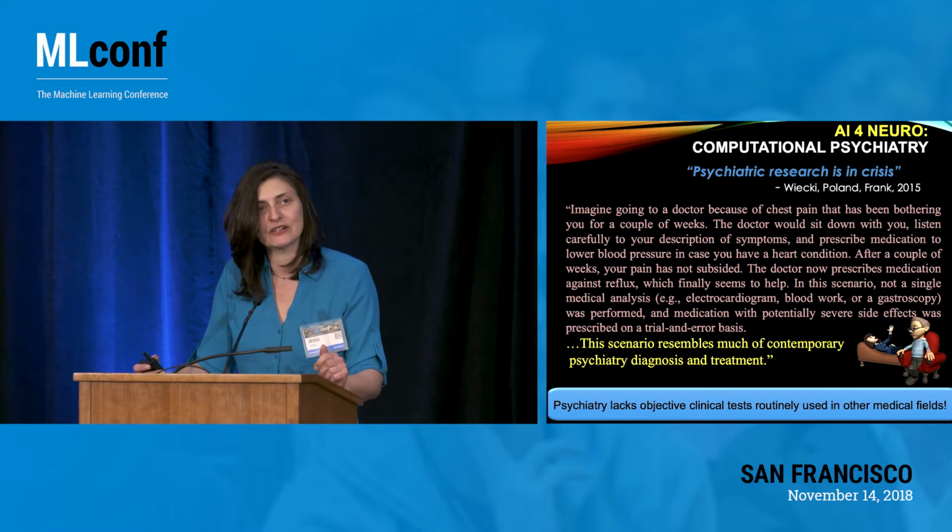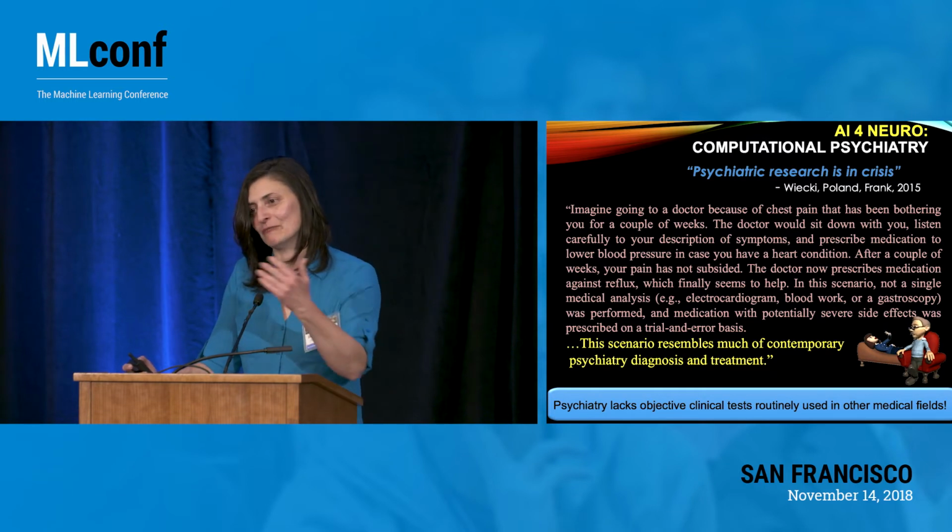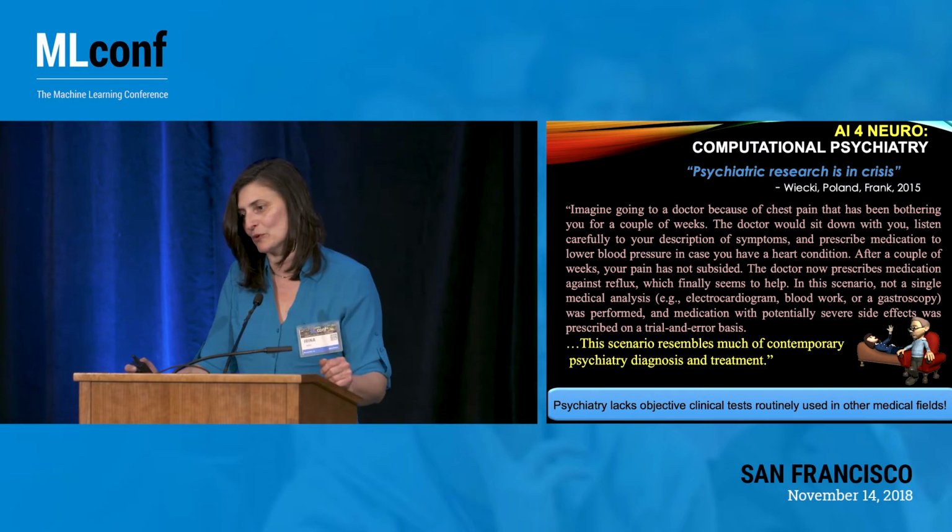So the functional MRI and EEG analysis that I didn't give examples of, but we were working on, and many other people, are examples of such measurements, but it's lots of hard work to find reliable measures and features of particular disorders. So it's work in progress.